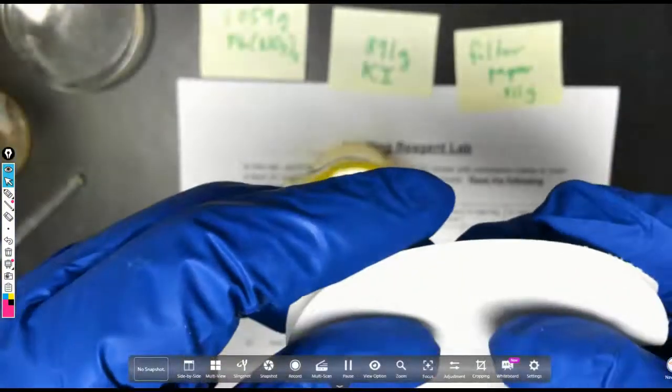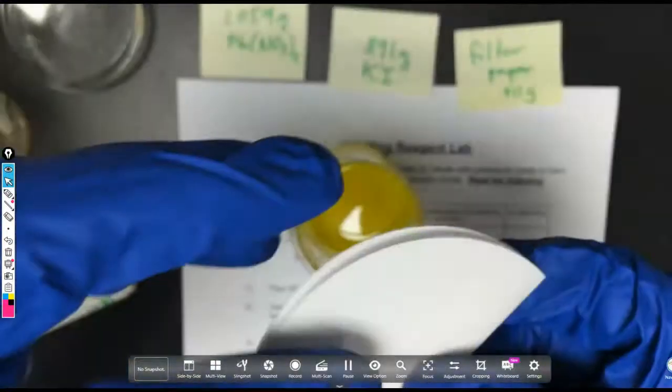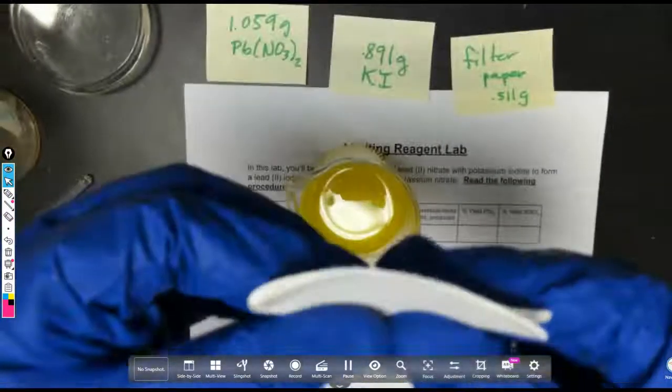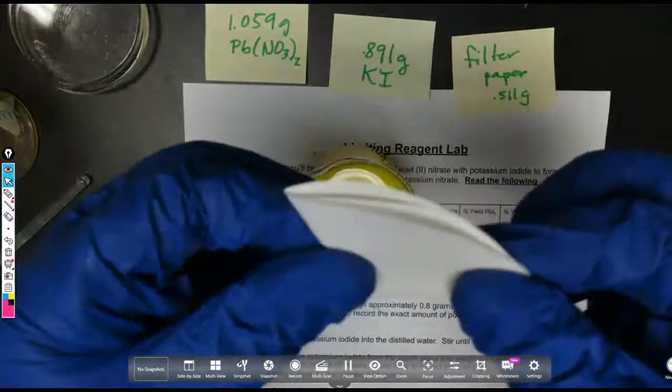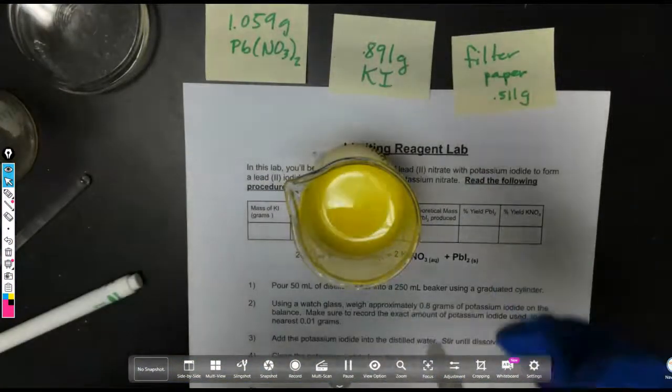So to prepare my filter paper, I'm going to first bend it in half, and then I'm going to fold it again into quarters. And so this makes a lovely cone shape, and I am going to put that cone shape into my funnel.